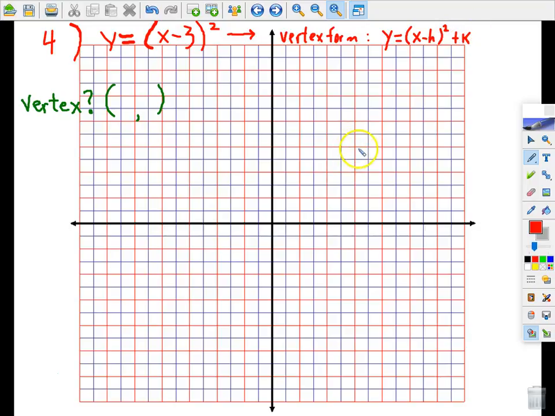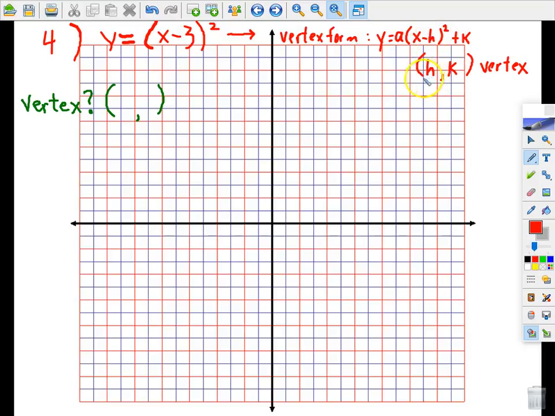Using variables, so I should put the variable a here. This is vertex form, and the reason why we call it vertex form is the h, whatever number is in this h location, is the x-coordinate of the vertex. So vertex form makes it very easy for us to locate the vertex of the parabola.